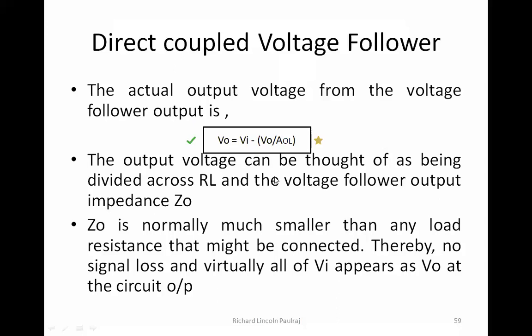Right, so we know the formula now. The output is very much dependent on the input voltage, and that is subtracted with the values of V naught divided by AOL, open loop gain. The voltage can be thought of as being divided across RL and the voltage follower output impedance Z naught.